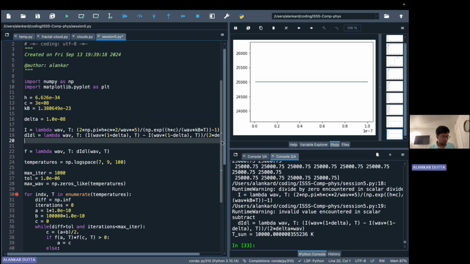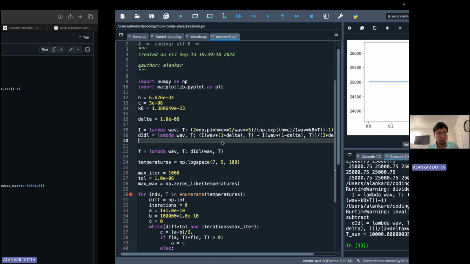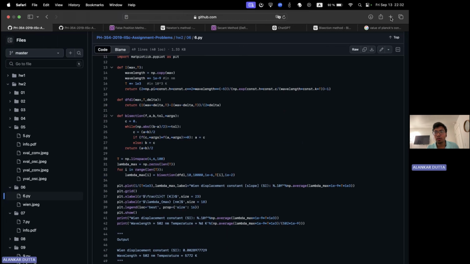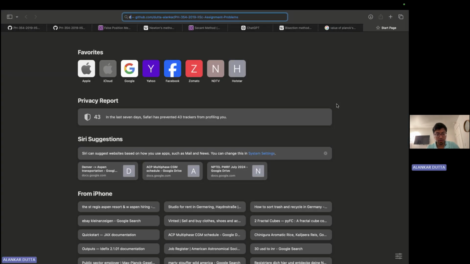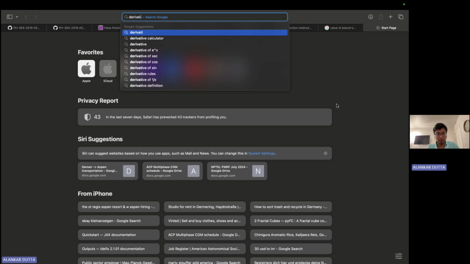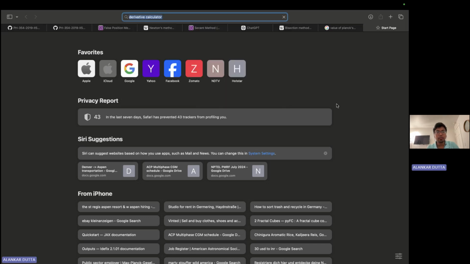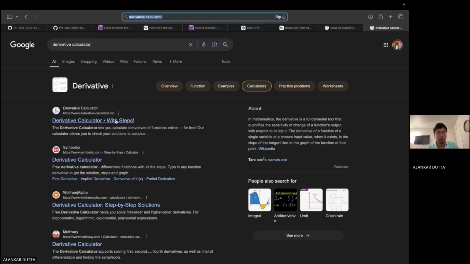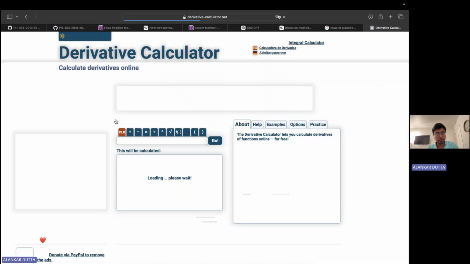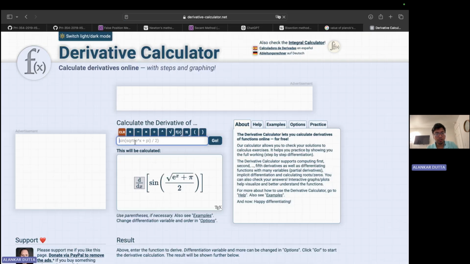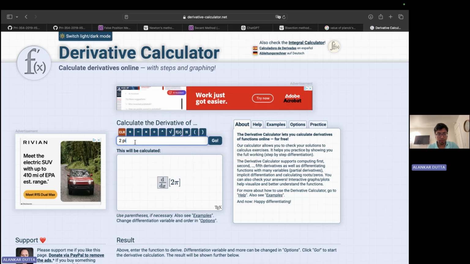Okay, so let's use Google for finding out the derivative. There is something called a derivative calculator. So we can use this one, or you can also, obviously, calculate this yourself, but just for the sake of this, I am going to use this derivative calculator.